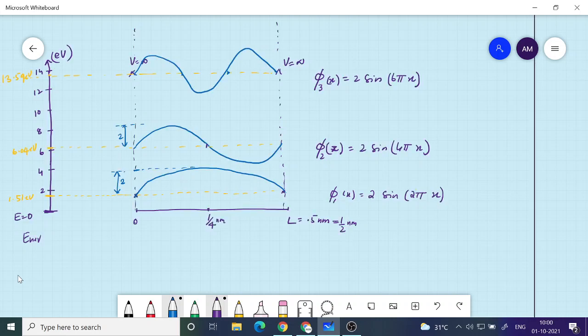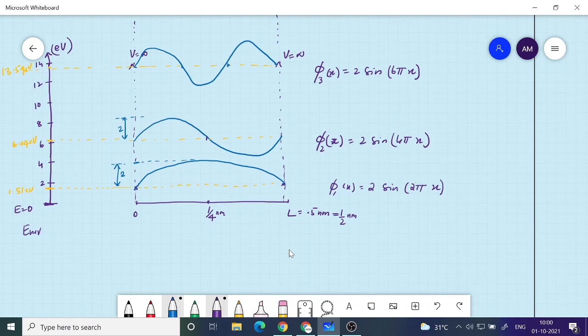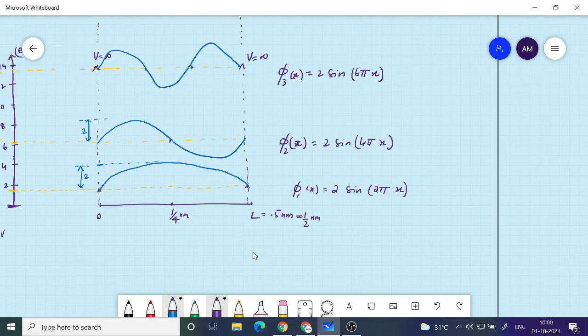Okay, but as I said, the wave function in itself doesn't have much meaning. So what is more meaningful is to talk about the probability density, which is basically the square of these wave functions. So let me just shift these things to the left.